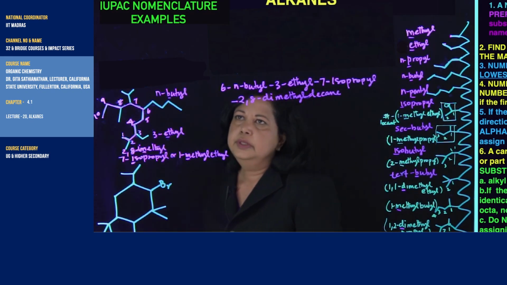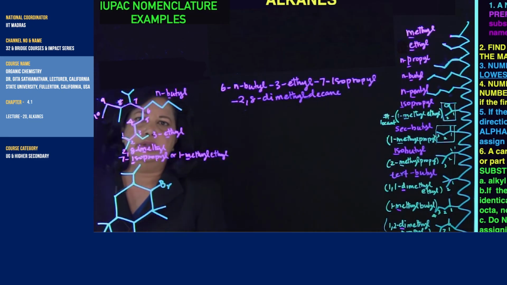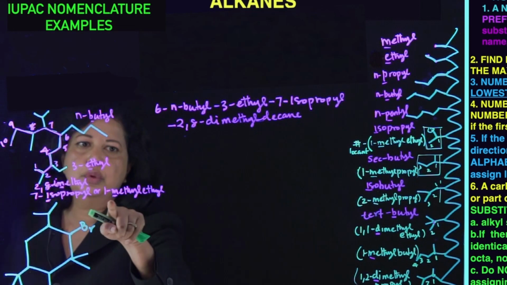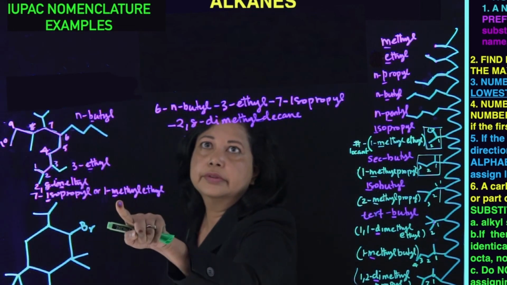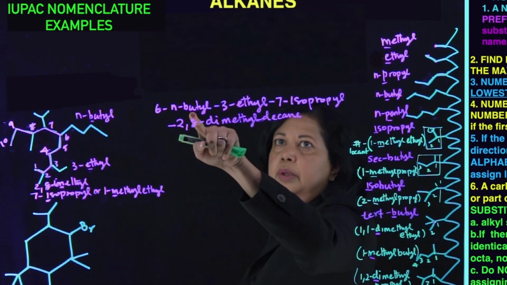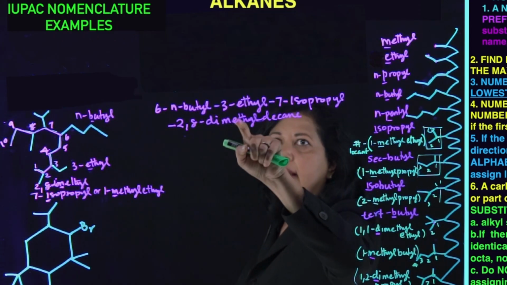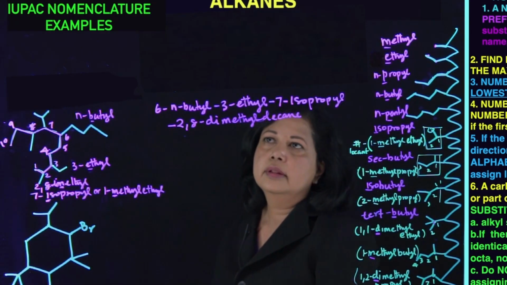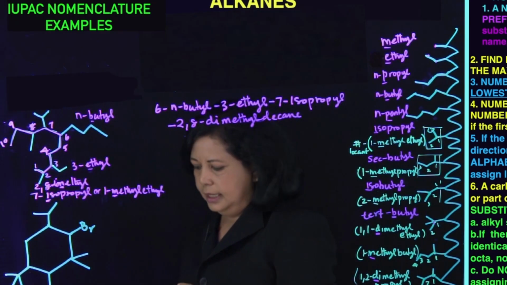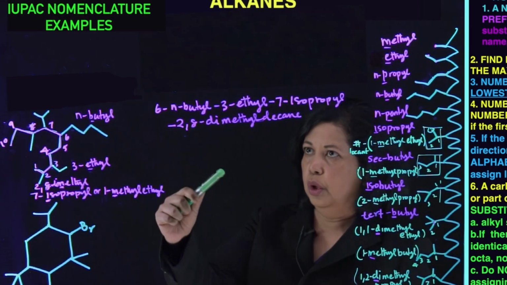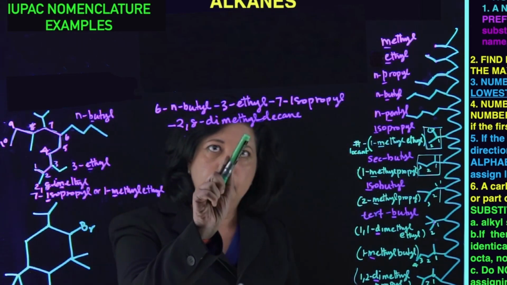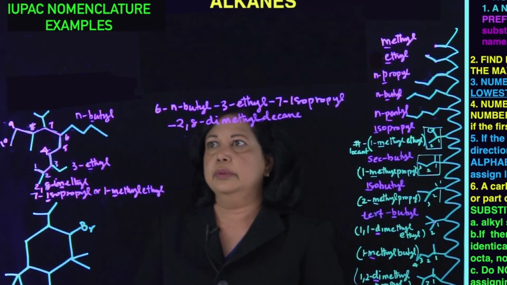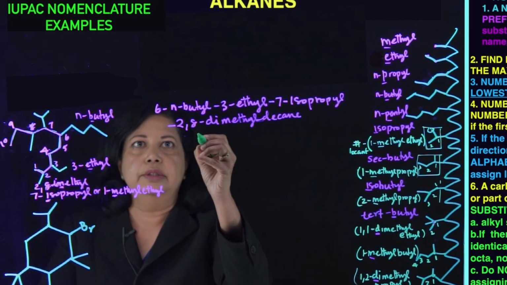You can do the other one where it's going to be very similar, all of them are going to be the same except your isopropyl where you put 1 methyl ethyl. So you will do N-butyl, ethyl and methyl and then 1 methyl ethyl. I guess in the telephone directory it's John and then Johnson, so methyl then methyl ethyl. It's just like in the alphabetic rules that you have.